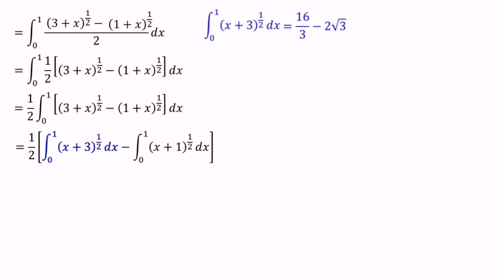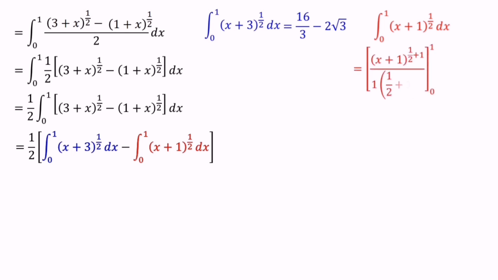Now we need to get the integral from 0 to 1 of x plus 1 to the power of half. The integral of x plus 1 to the power of half becomes x plus 1 to the power of half plus 1 over 1 times half plus 1. Here the coefficient of x is 1, so we use a as 1.